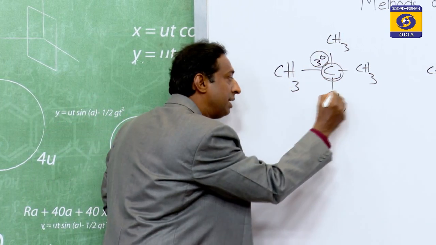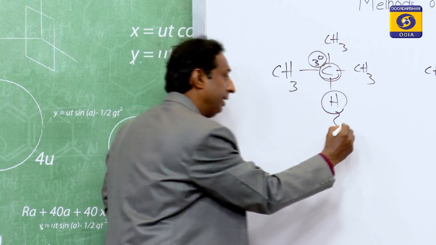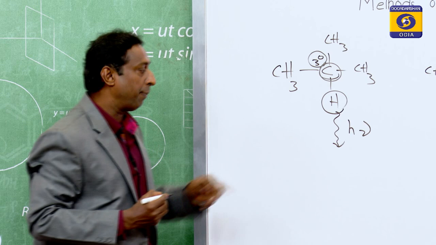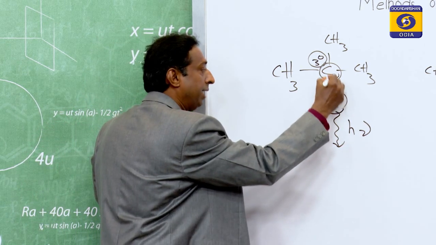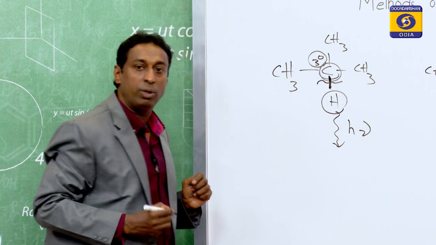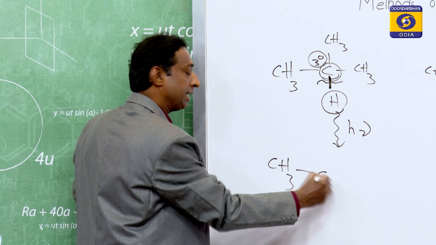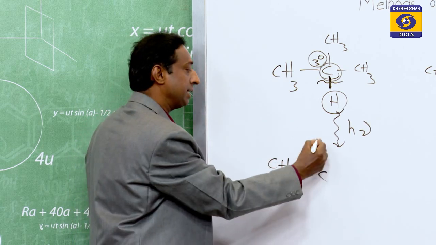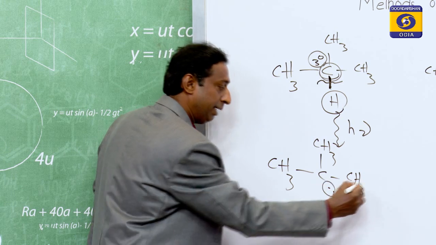This hydrogen atom will be easily cleaved in the presence of sunlight. If you apply sunlight, this carbon hydrogen bond undergoes homolytic bond fission to get CH3 single bond C, single bond CH3, single bond CH3 dot plus H dot.